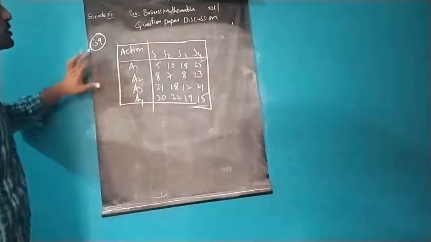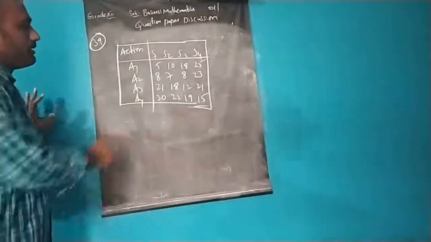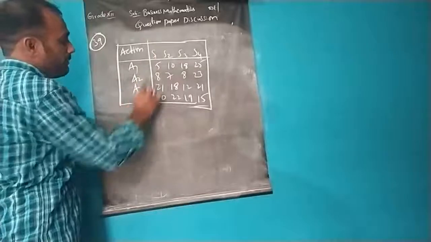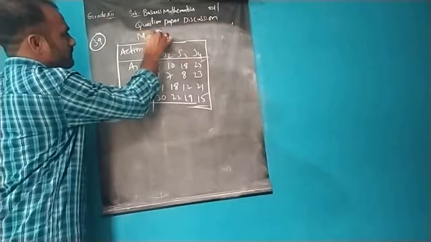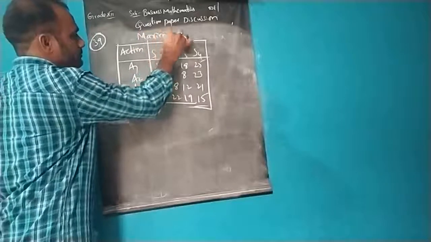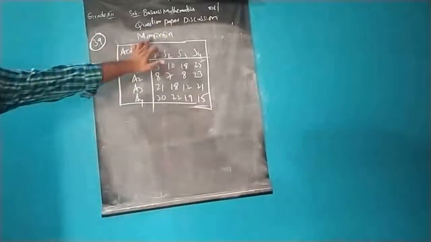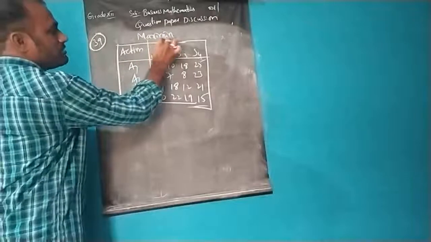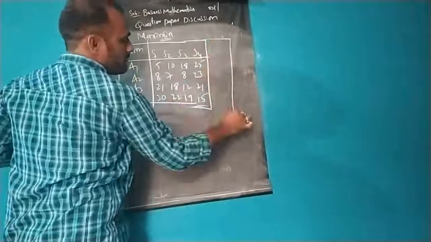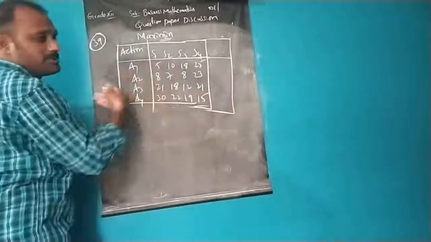Next, let us see the 39th question. We need to find this by using the maxi-mini principle. So what is the meaning of maxi-mini principle? The last word is mini, right? Let us write the next column as minimum. Of course, while writing in the answer, you make it in a box.